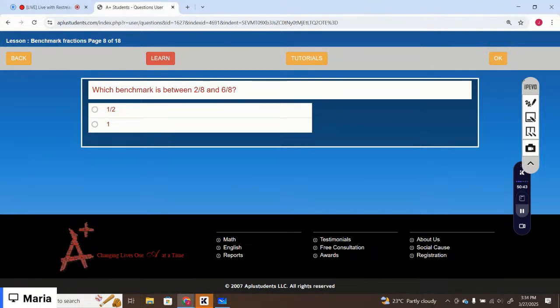The benchmark is 1 over 2. Option number 1 is the correct option.